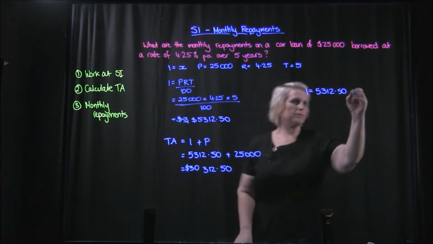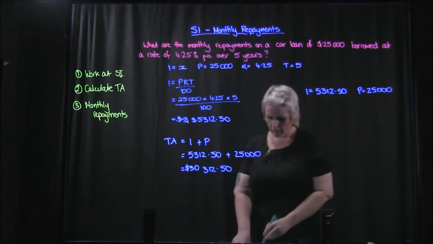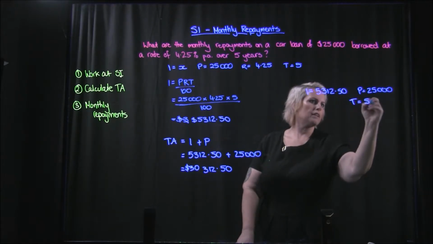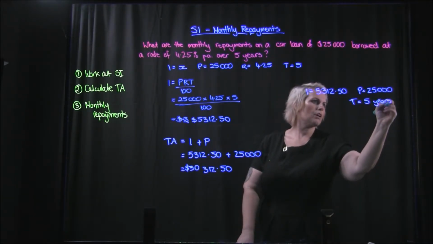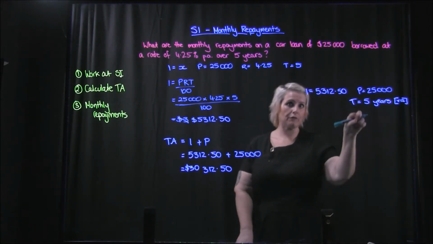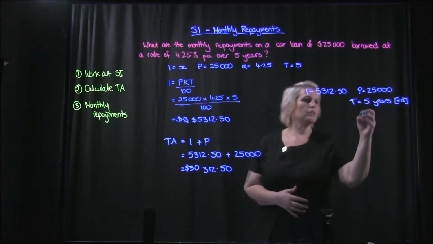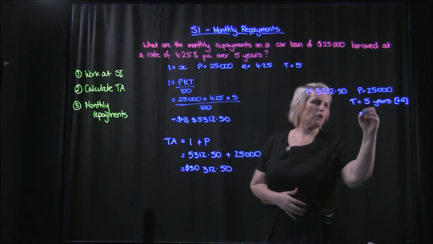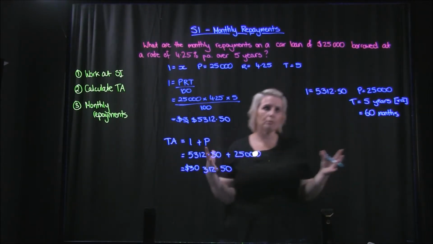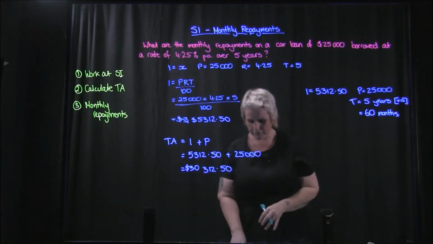Okay, my principal, $25,000, but my time is 5 years, which if I multiply by 12, okay, there are 12 months in every year. So if I've got 5 years, I'm going to have 5 lots of 12 months. So 5 12s are 60. So in the 5-year term of the loan, there's going to be 60 months.